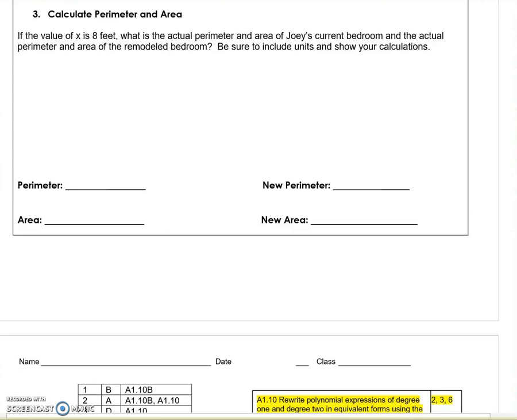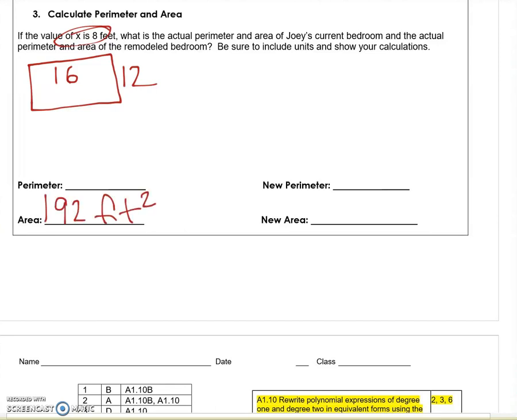I can again, if I plugged in the value of 8 for x, I'd get a rectangle that's 16 by 12. And 16 times 12 is equal to 192. So that would be 192. Now then, when we measure area, we measure it in square feet. Okay, so that's feet squared. But again, I could use that equation that we came up with and calculate it as well.